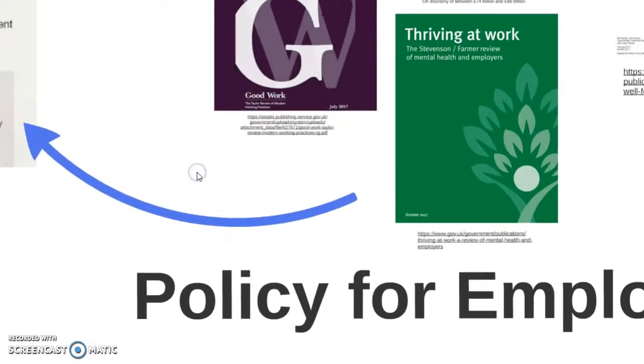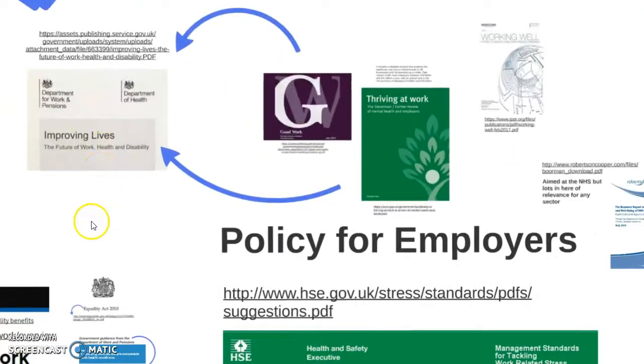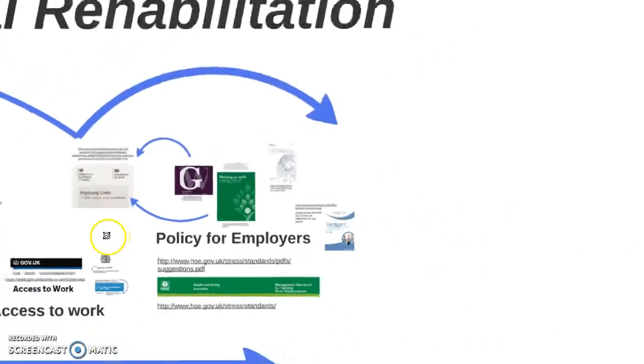So the Stevenson and Farmer review. So the white paper here was based on the consultation of the green paper, the Taylor review, Thriving at Work, the Farmer and Stevenson review, and also Carol Black, who's written a paper on drug and alcohol addiction and obesity and the impact on employment. So all of this feeds into this policy here.